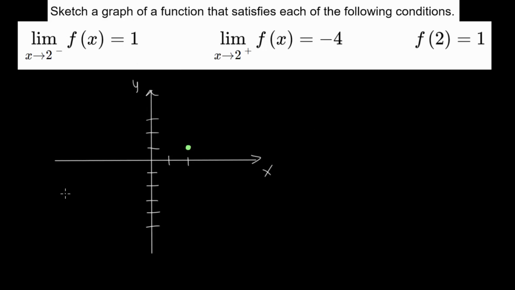So for that to happen, it could come in infinitely different ways. Maybe the function comes in something like this, or maybe it's something like that, or it could even be something like that, as long as it's still a function as it approaches this point. And I drew this a little bit carelessly.